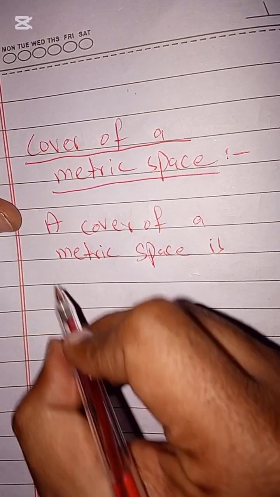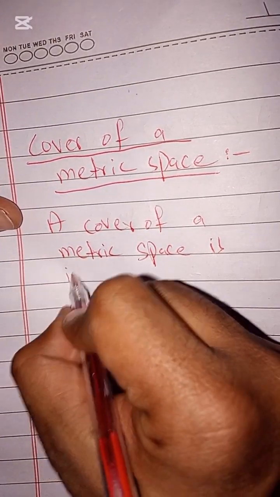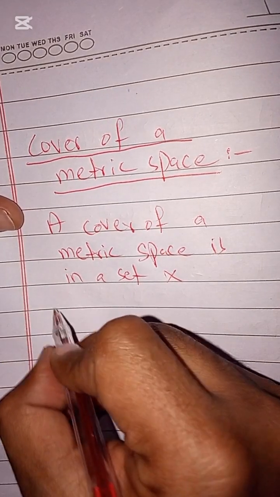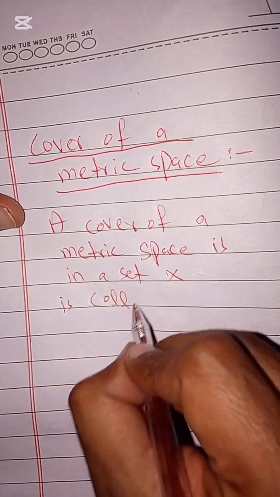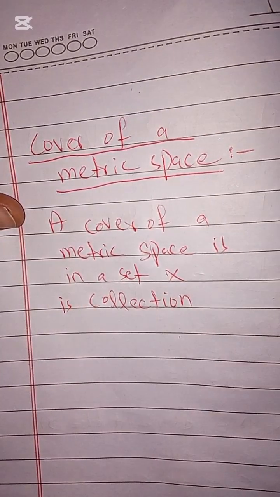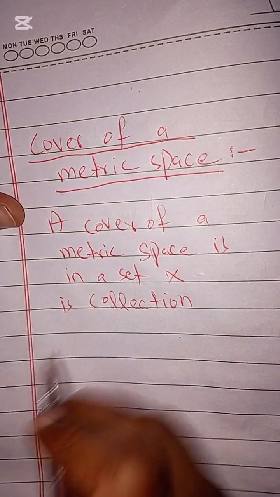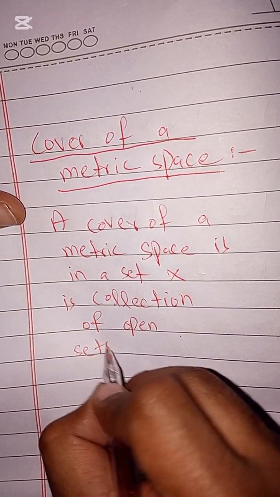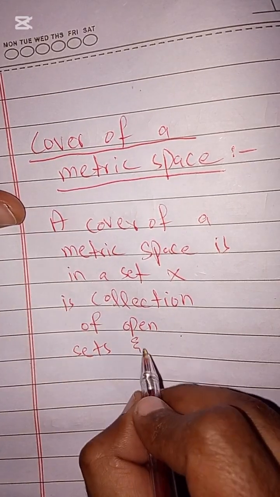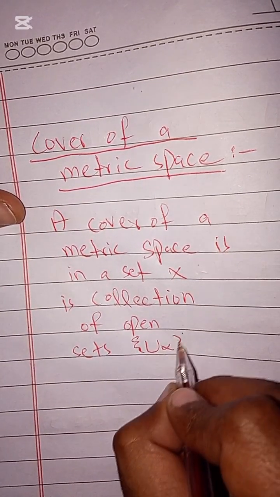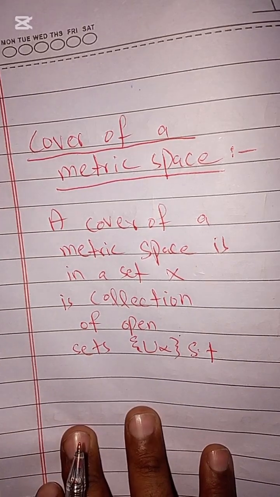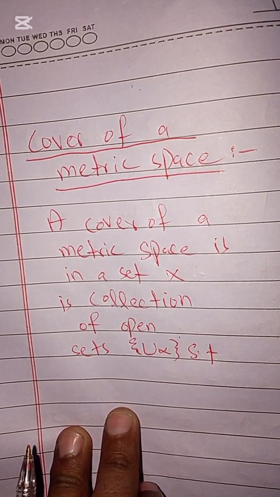In a set X, it is a collection of open sets U alpha such that, so a cover of a metric space is defined like that.